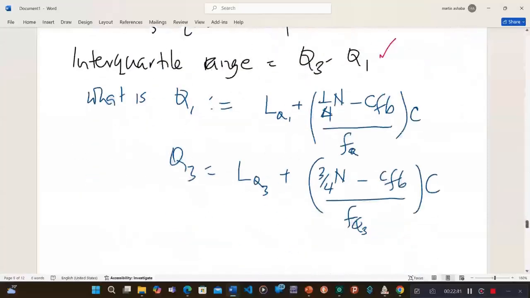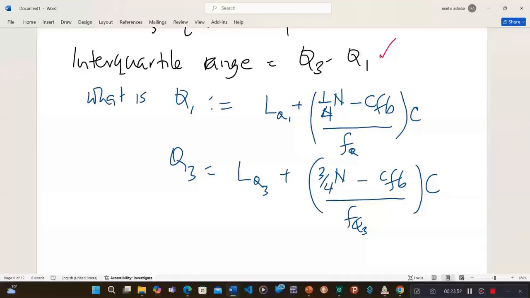Now, how do we get the Q1? Q1 is the same as LQ1 plus 1 out of 4 n minus the cumulative frequency before the first quartile class, divided by the frequency of the first quartile class, times the class width of the first quartile class. Q3 is what?